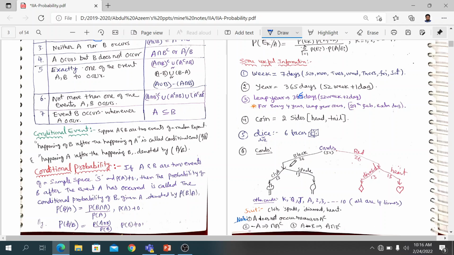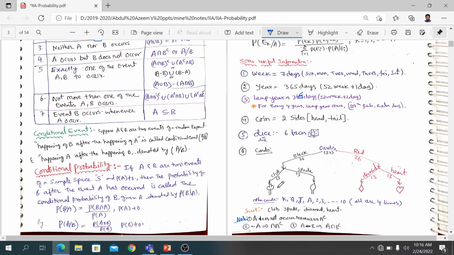Among the black, 13 are club and 13 are spade. And among the red, 13 are diamond and 13 are heart. So we have 4 suits: club, spade, diamond, heart.